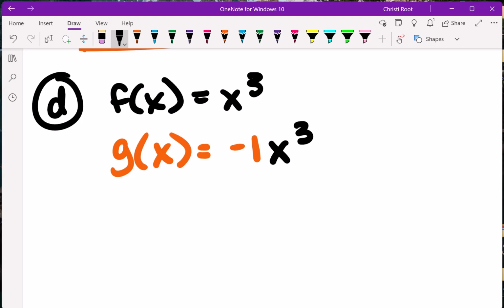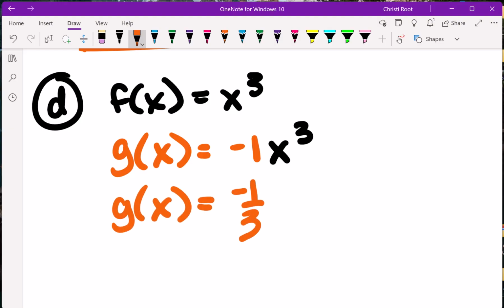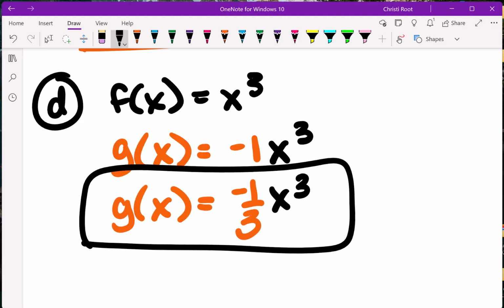A vertical shrink is also out in the front. I'm multiplying the function. So I'm going to change that -1 to -1/3. The negative makes it reflect. The 1/3 makes it shrink vertically. Final answer. Okay, so the first line is reflection only, and then the second line I have both of them.